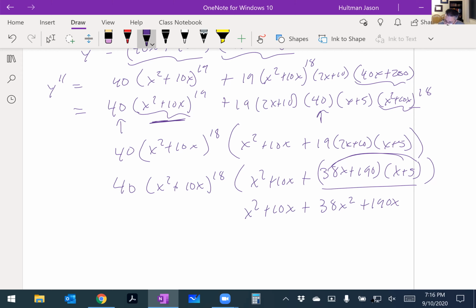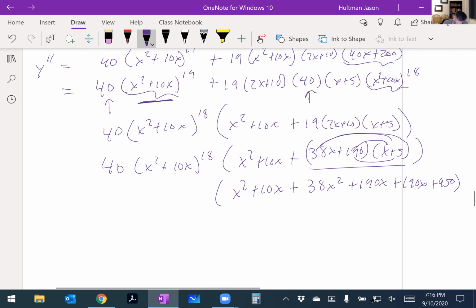What's 38 times 5? 38 times 5, yeah, that's 190, that's correct. Okay, and then what's the next one? This is 190. Okay. So that's 190x, that's 950. Plus 950, okay, so let's clean that up.